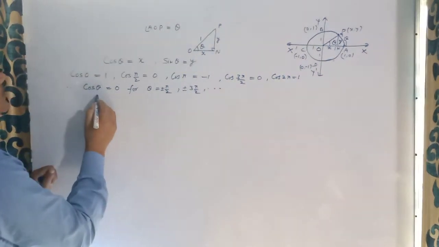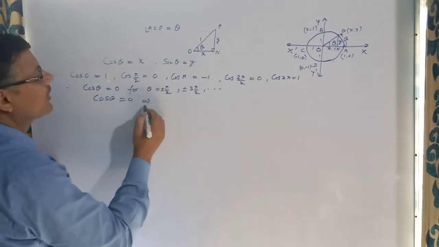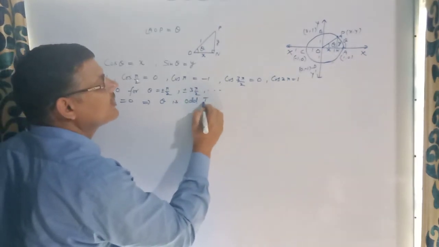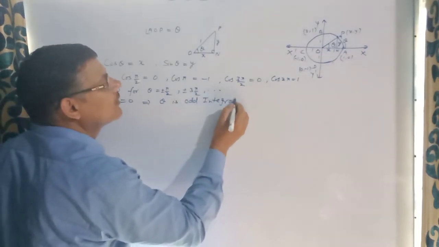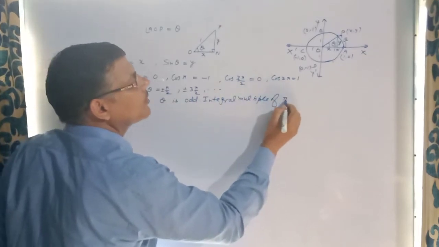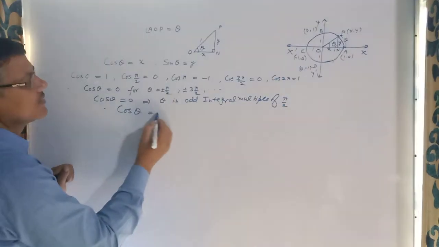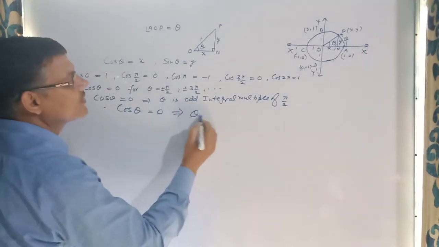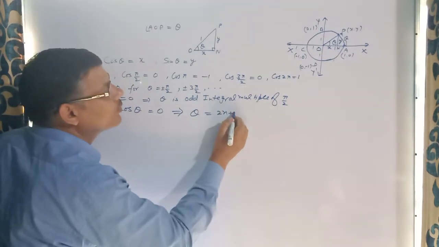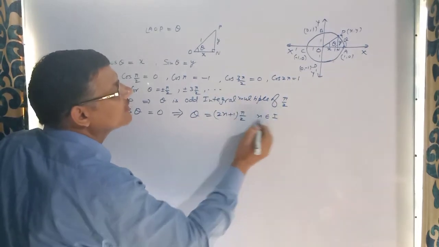It means cos theta equals 0 when theta is an odd integral multiple of pi by 2. Therefore cos theta equal to 0 implies theta is equal to (2n plus 1) into pi by 2, where n is any integer.